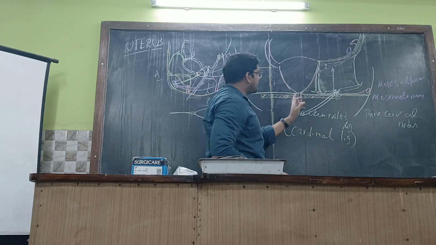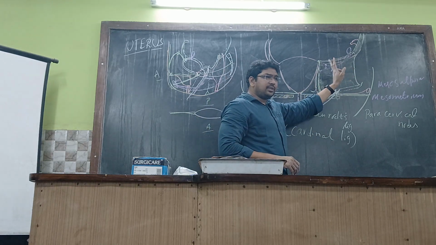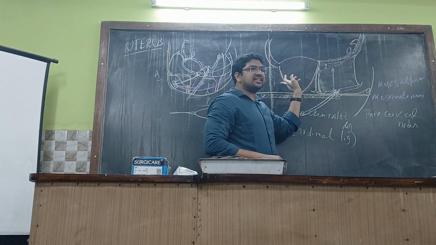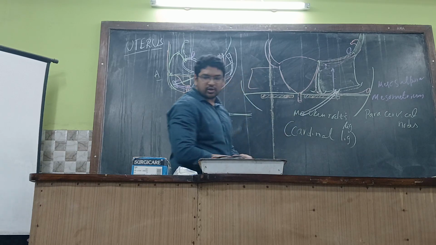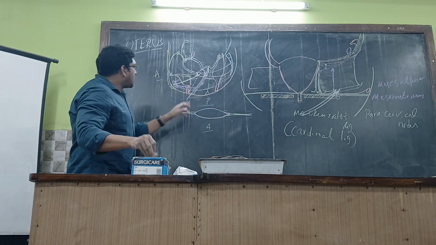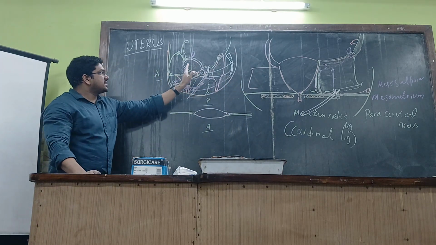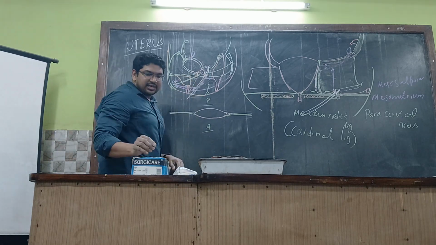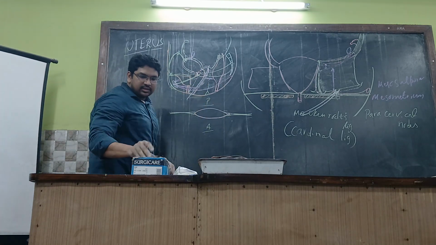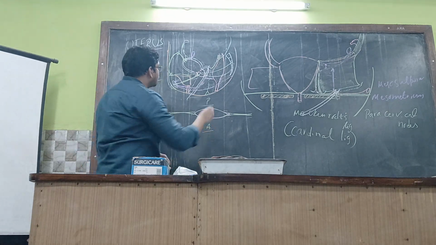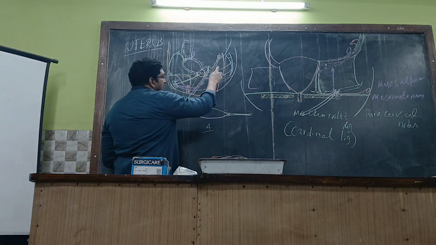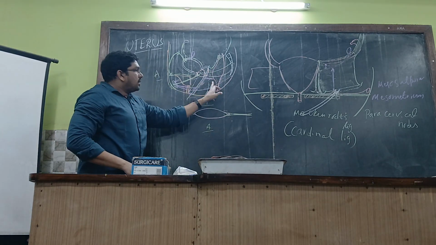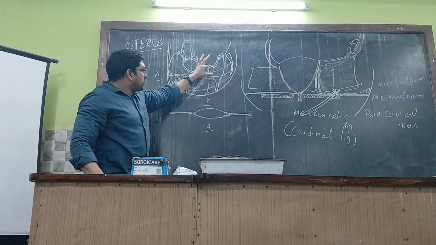And then the false ligaments: one is the broad ligament, a pair of broad ligaments on either side. I have told you already, in between the viscera there will be false ligaments. There are a pair of false ligaments in between the cervix and the ampulla of the rectum, or middle 1/3 of the rectum.